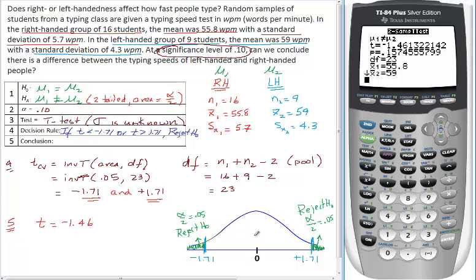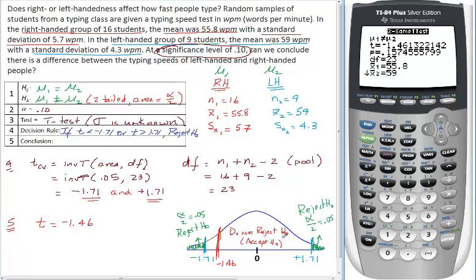Now where is negative 1.46? So it's somewhere right here, isn't it? Now, what region is this? So negative 1.46 is right here. This is in the do not reject or accept region. I've been using both, do not reject and accept, because some books use accept, some use do not reject.